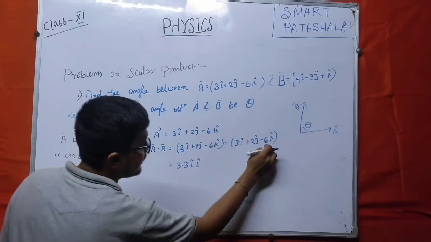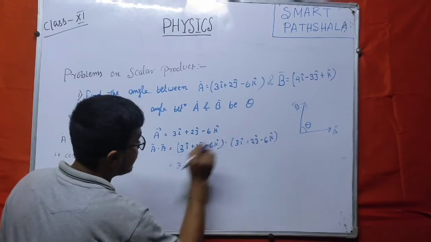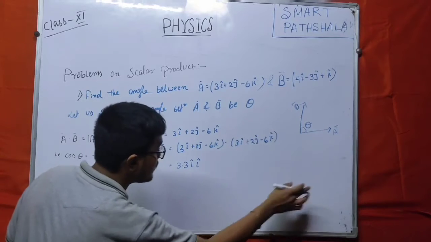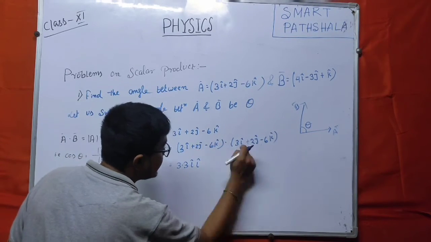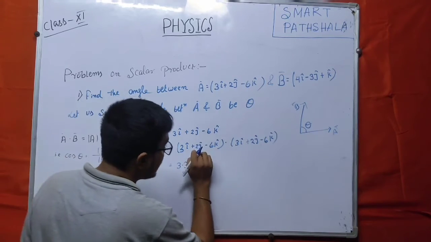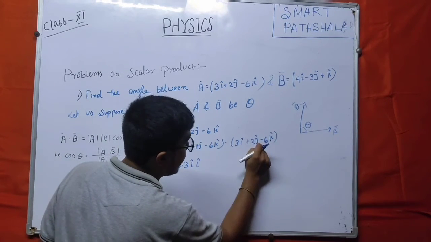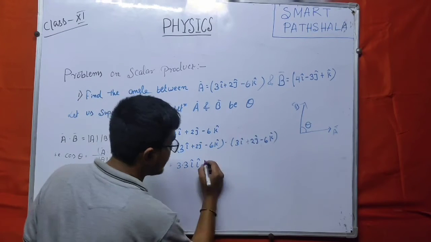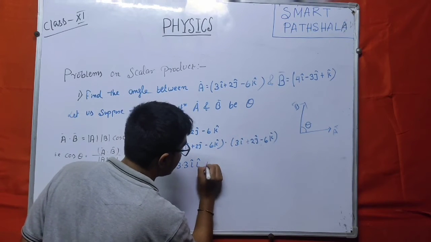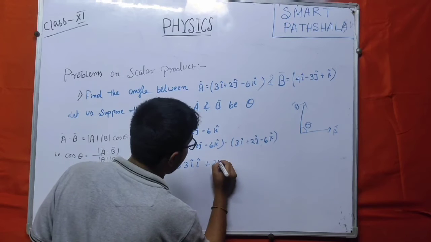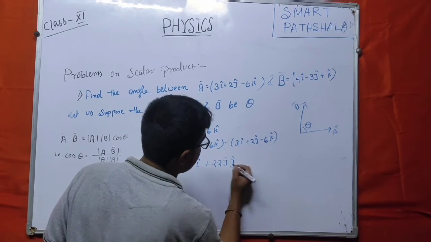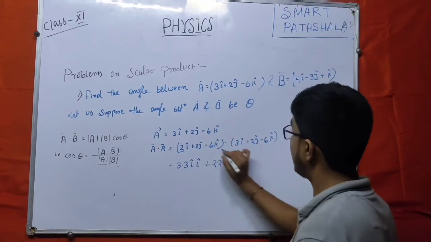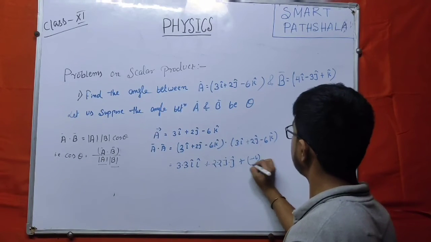Again 3i dot minus 6k gives i dot k, which will also give 0. Again 2j and 3i, i dot j will give us 0. And 2j and 2j, j dot j will give us 1, plus 2 into 2, j dot j. Similarly, minus 6k.